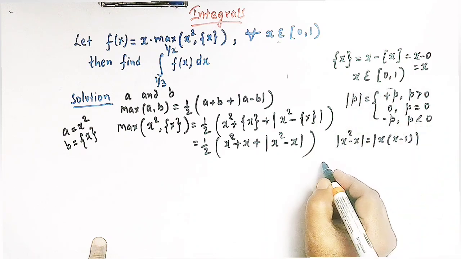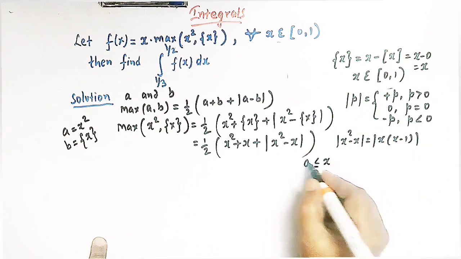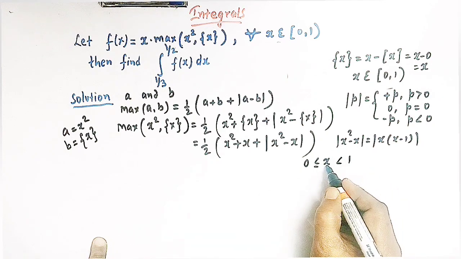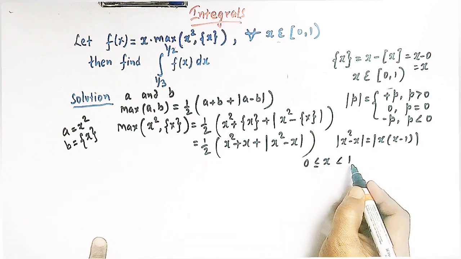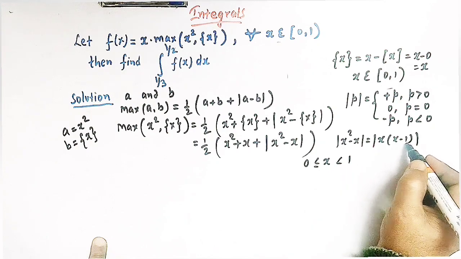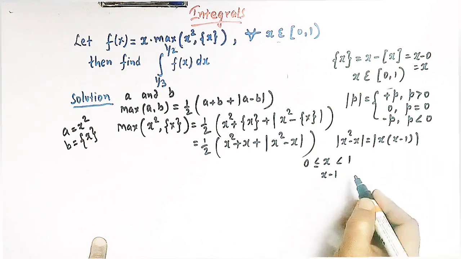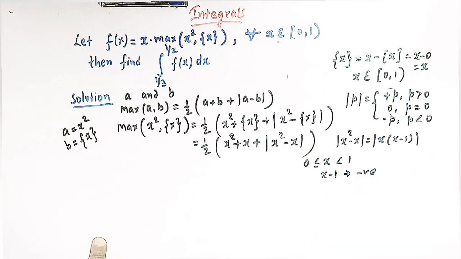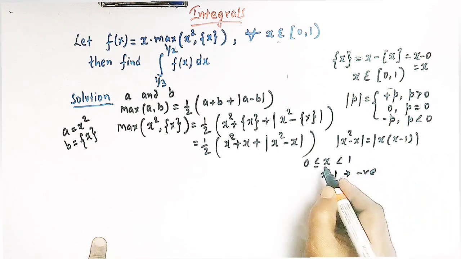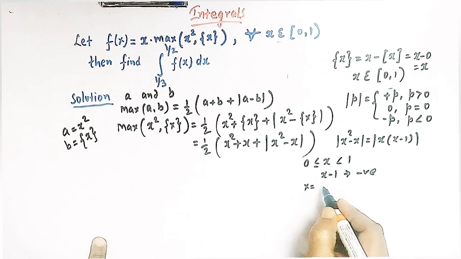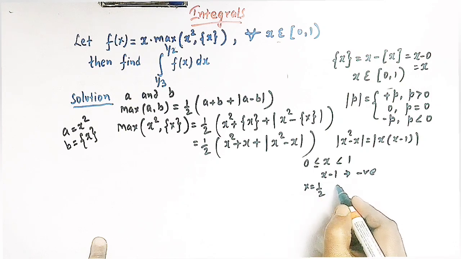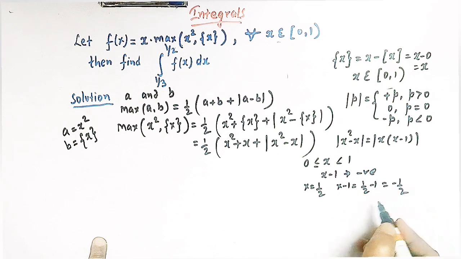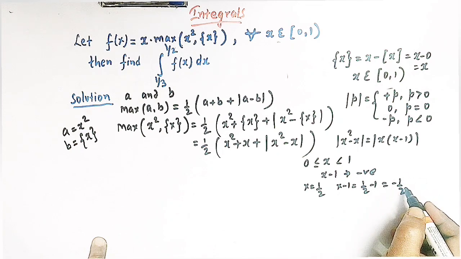Now see, x lies between 0 and 1, right? So whenever we have x lying between 0 and 1, then this expression x minus 1 is always going to be a negative quantity, right? See, whenever we have, say, x is equal to half, then x minus 1 is equal to half minus 1, that is minus half, which is a negative quantity, right?